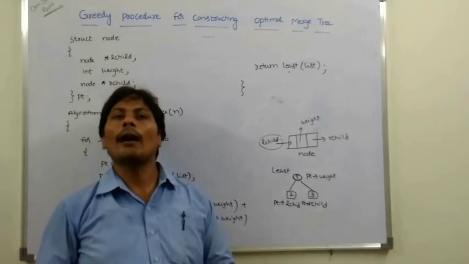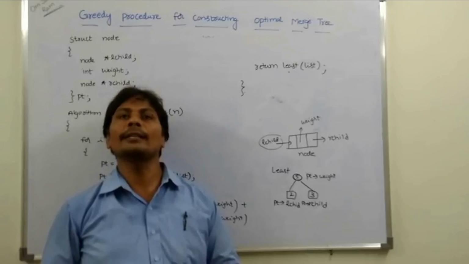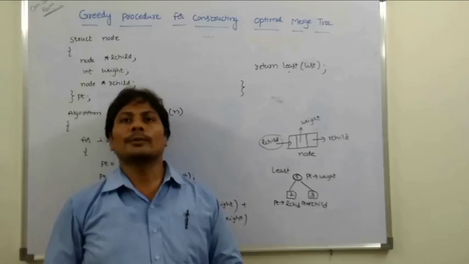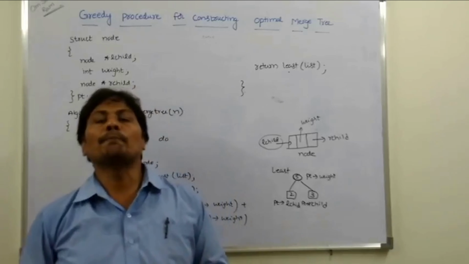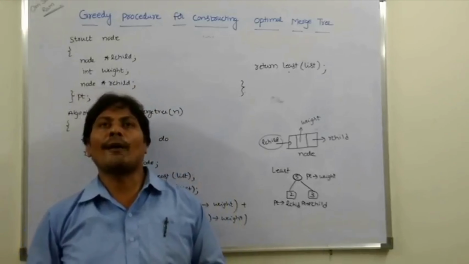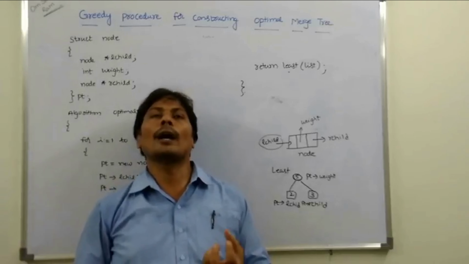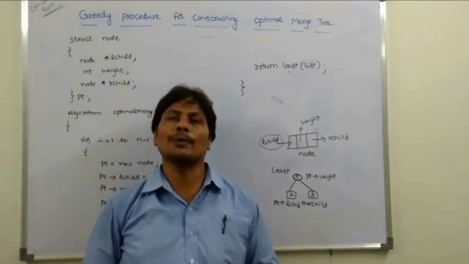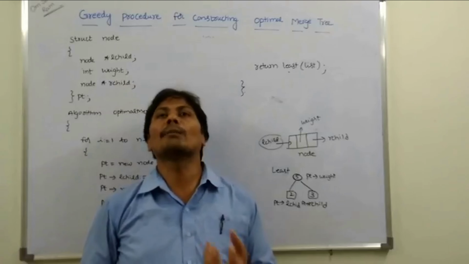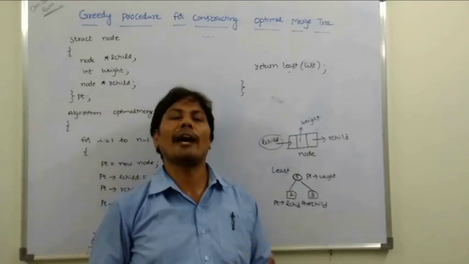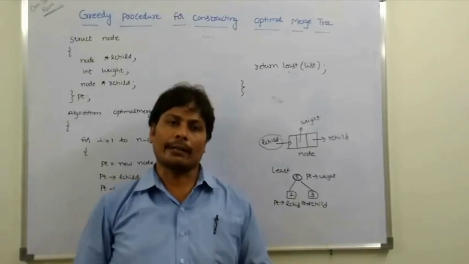So this is the optimal merge pattern algorithm. This is the complete description of the optimal binary merge tree and algorithm, and how to solve for the optimal solution when we are given n number of files. Each and every file contains some number of records.